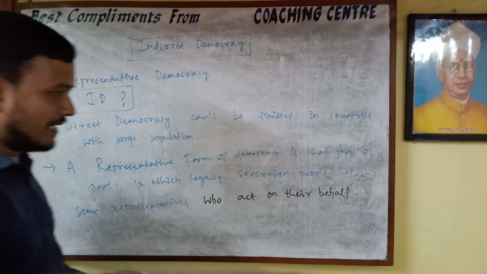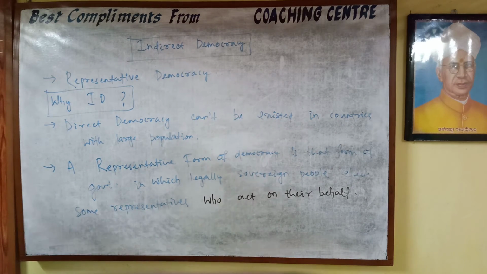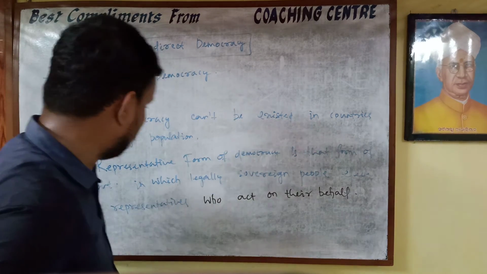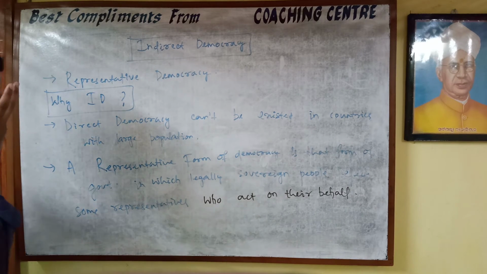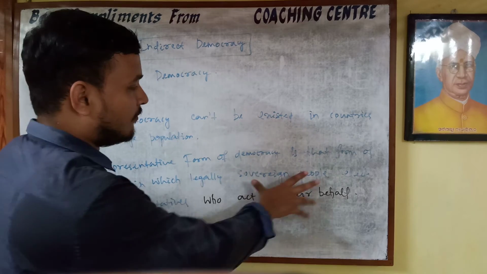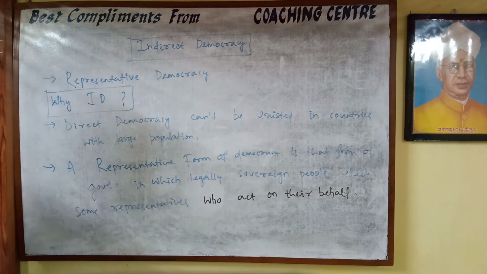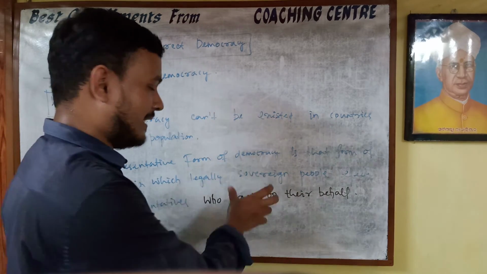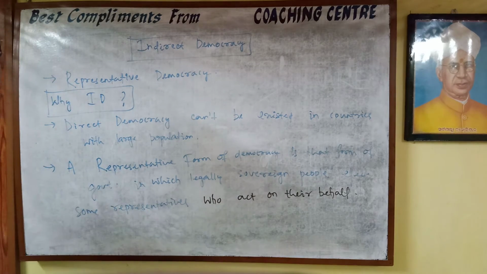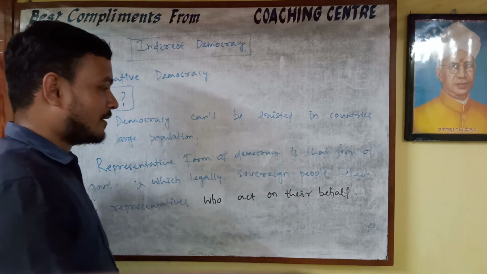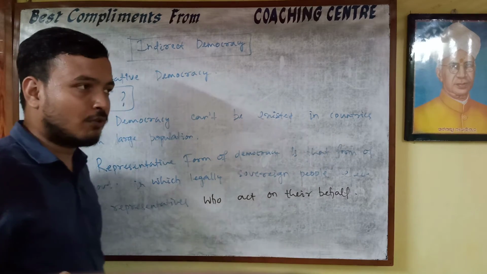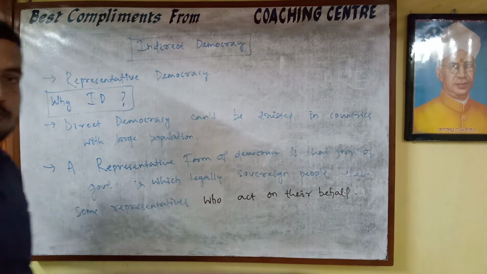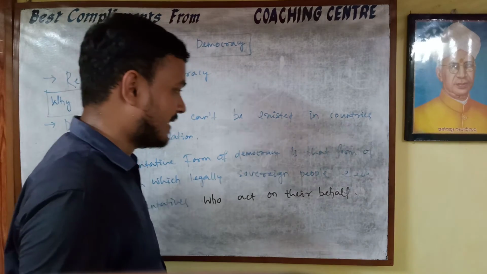So the representative form of democracy is that form of government in which legally sovereign people elect some representatives. In our context there must be citizens, an electorate, responsible citizens who can vote in the election process, right?